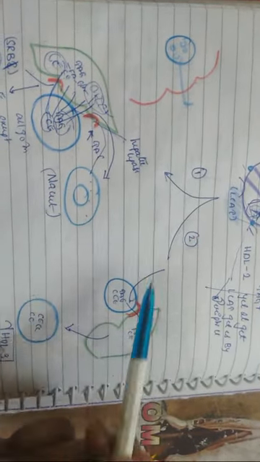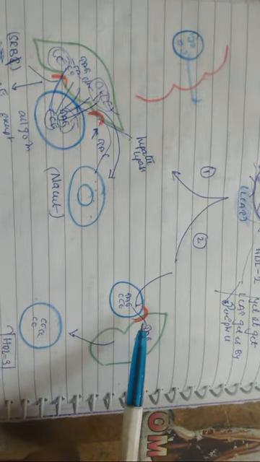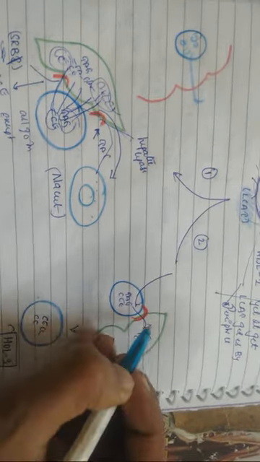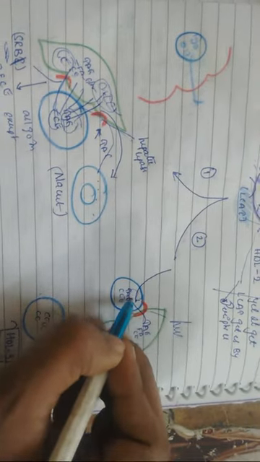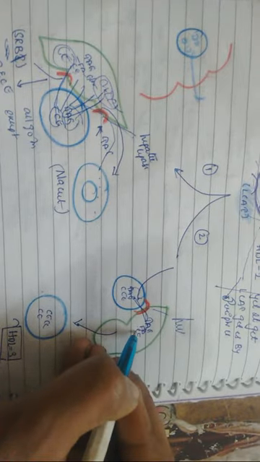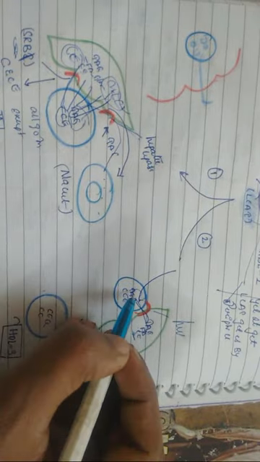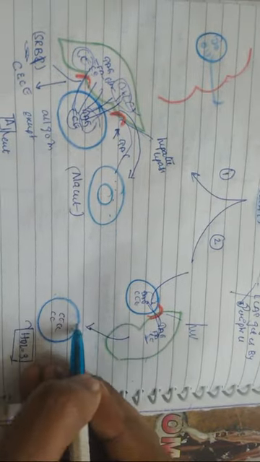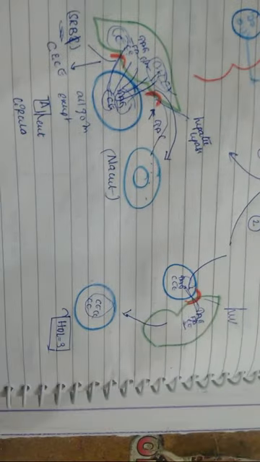Once it starts interacting only with the hepatic lipase enzyme, this hepatic lipase takes the TAG, that is triacylglycerol, and converts it into fatty acid and glycerol. So right now in the core you have lots of cholesterol esters, and it looks like HDL3.